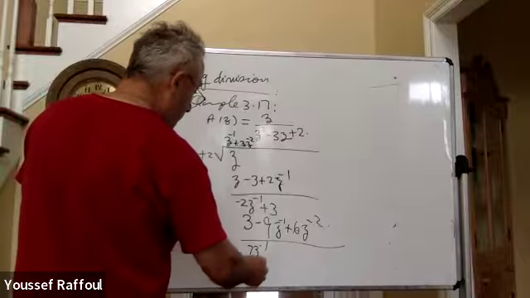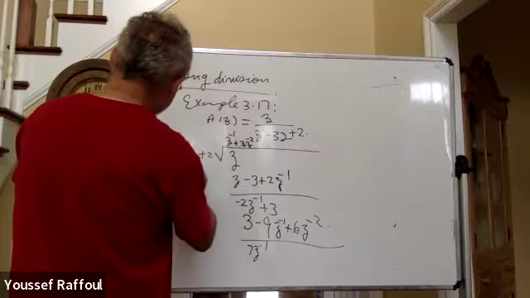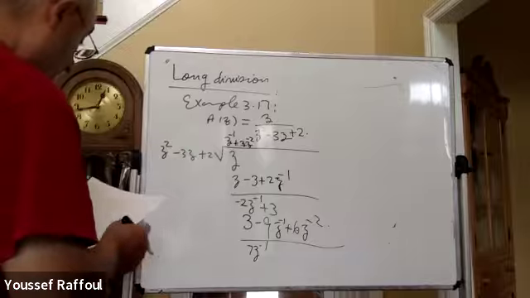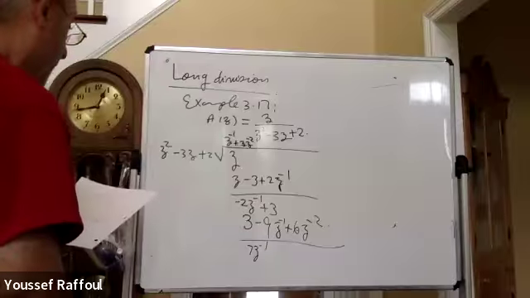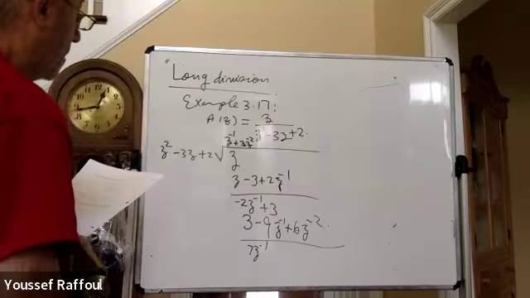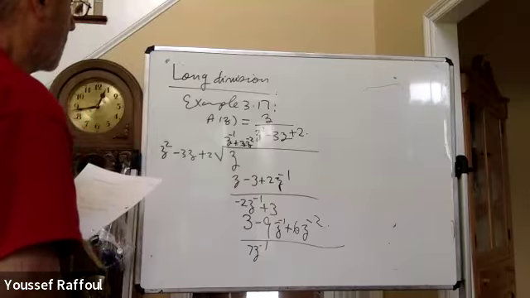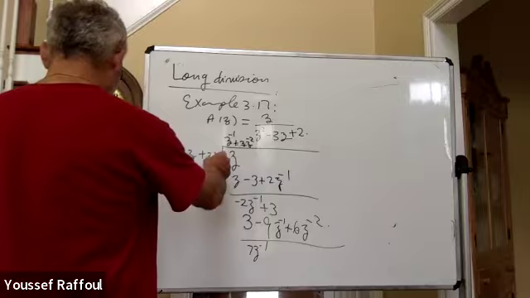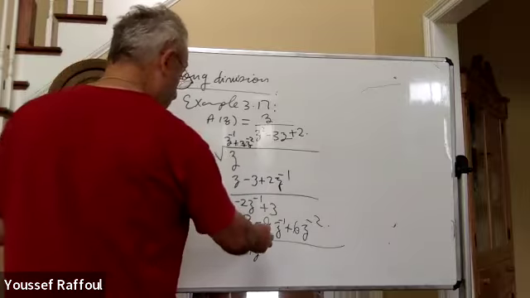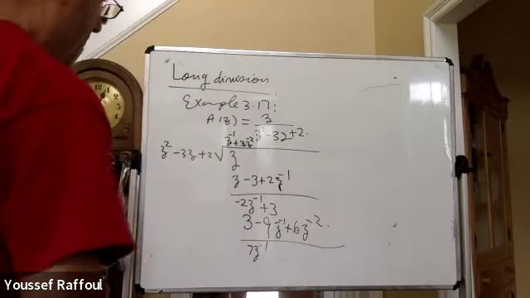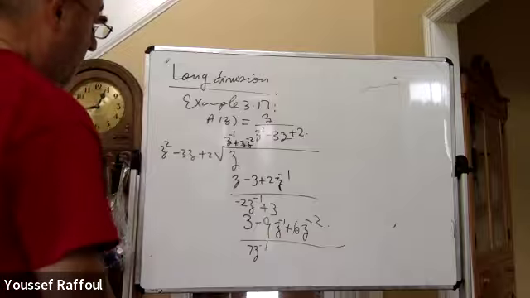As I said, we would have plus 3, or plus 2z to the minus something, so we're multiplying by plus. Then you have minus 7z to the minus 2.